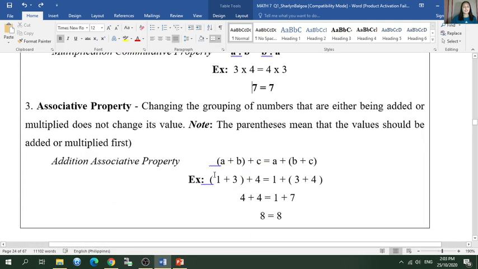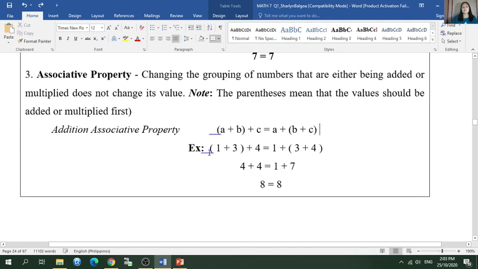Okay, next, associative. So, we have changing the groupings. Okay, how are we going to identify whether the given example is associative property? Because of the appearance or presence of open and closed parentheses. Let's say, the parentheses mean that the values should be added or multiplied. That's why we have addition, associative property.